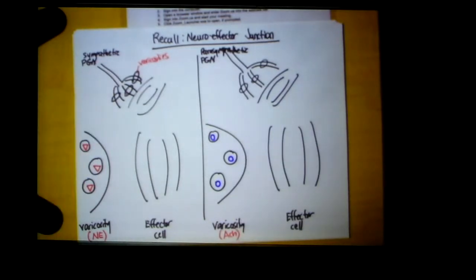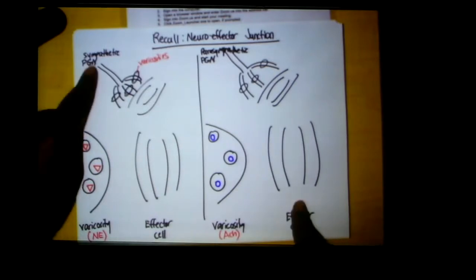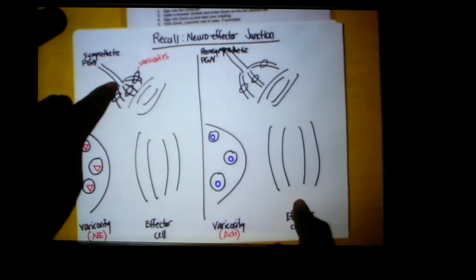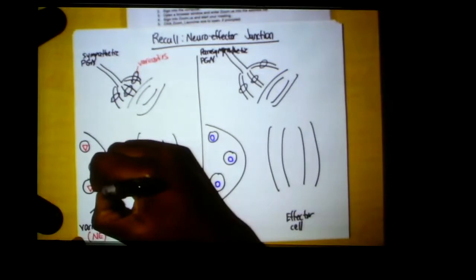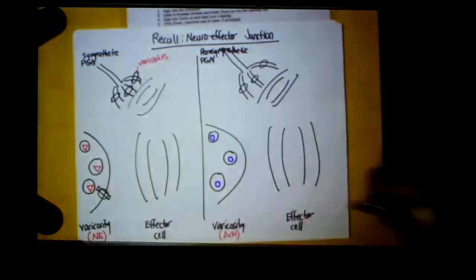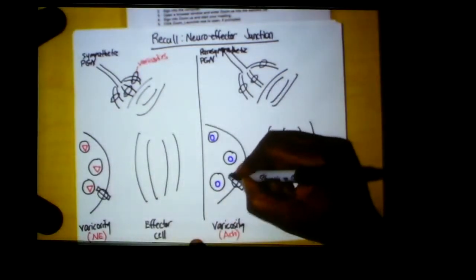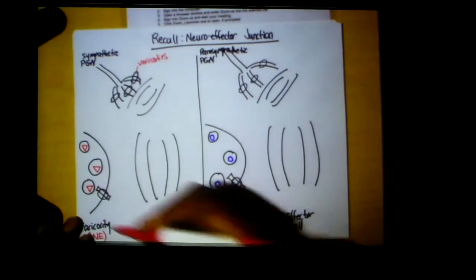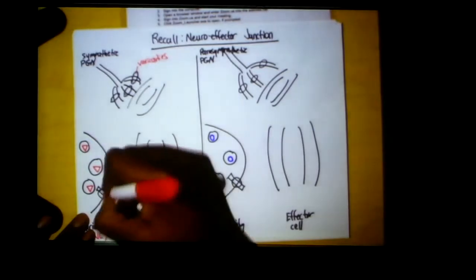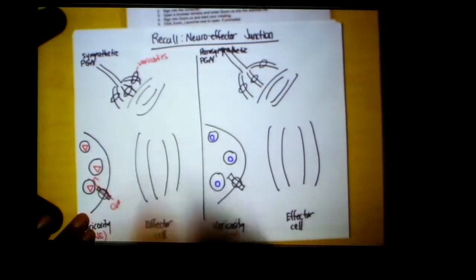Don't disconnect that bit; that event is still very much relevant here. The propagation of an action potential down the axon of this postganglionic neuron, when it gets to the varicosity, much like when it got to the axon terminal, triggers the opening of voltage-gated calcium channels.